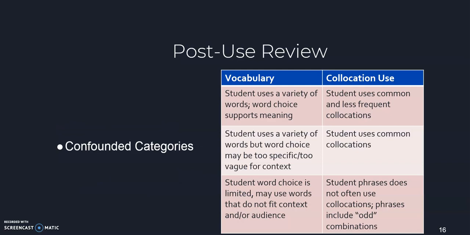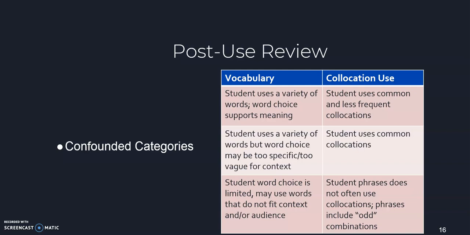Moving on to some more complex post-use review. It's important to check your rubric for confounded categories. So let's pretend we're just looking at these two categories within a rubric. These two categories are part of a larger rubric, because I wouldn't have a rubric with only two categories. Maybe I would, but let's just pretend that we're just focusing on these two.